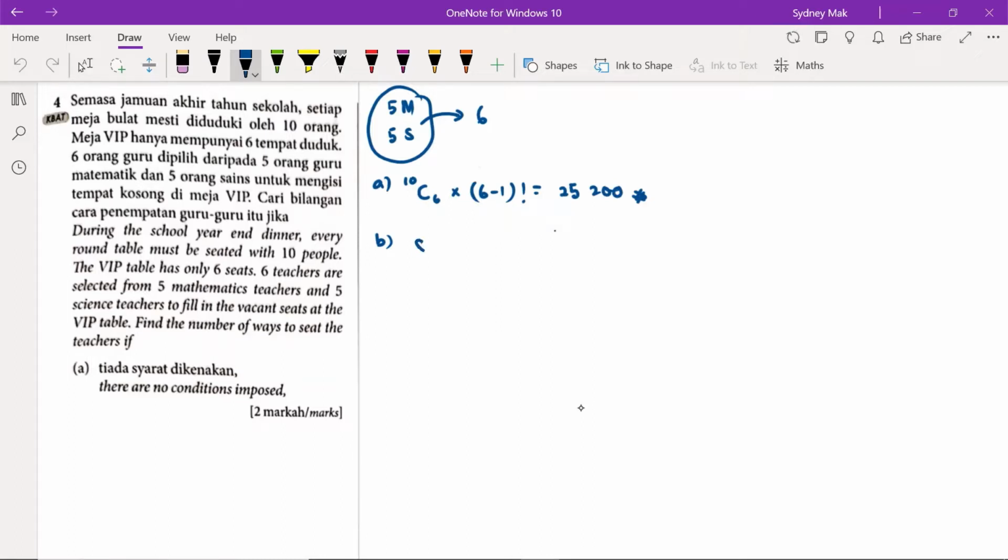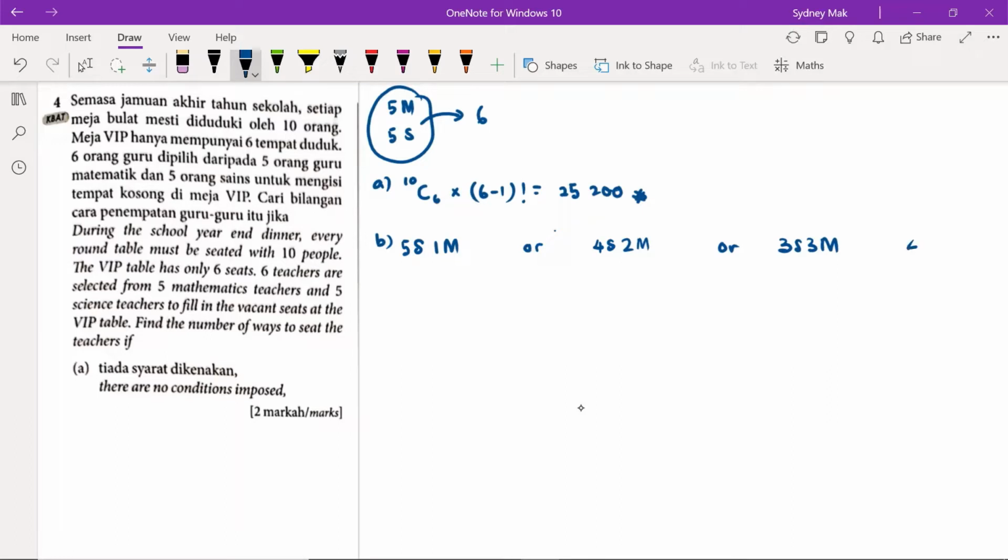So when we have 5 science teachers, we just need to choose 1 maths teacher and then we sit them around the table. Or the second scenario is when we only selected 4 science teachers, therefore the remaining must be 2 maths teachers, or 3 science teachers followed by 3 maths teachers.